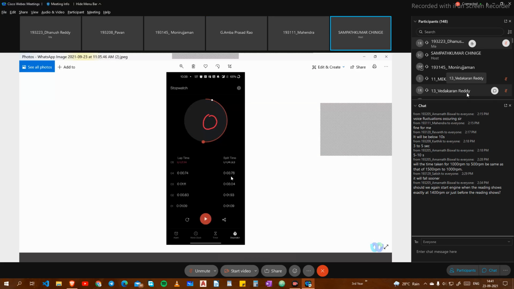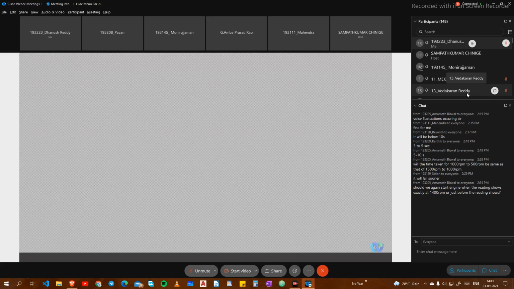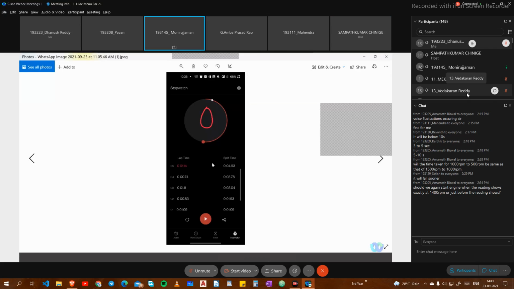The first is minute, second is seconds, and this is 1/10 of something. The first reading is without any lap time, no? Just a minute. This is one. This is another one. What is this red one? This is the lap time. This is the difference between 3.78 and 4.93.